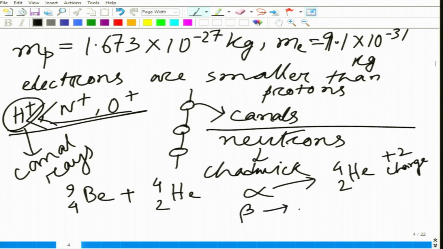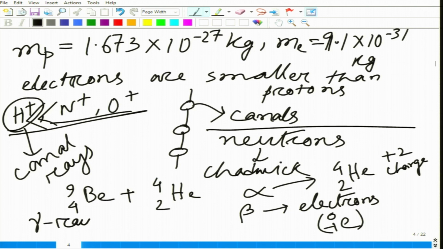Beta particles were electrons, which are written as this, and the third one were gamma rays. Gamma rays are not particles, they are electromagnetic radiations.